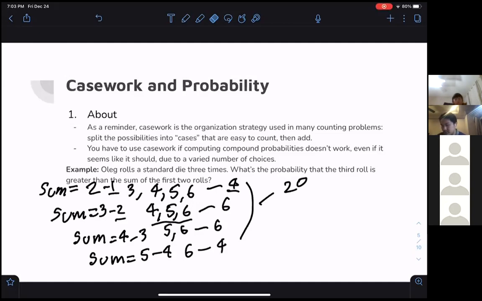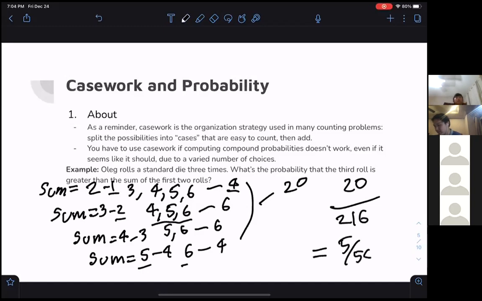And it's pretty symmetric in the last case. The sum can be 5. There's 4 ways: 2 plus 3, 1 plus 4, 4 plus 1, and 3 plus 2. And the die can be rolled in one way, just a 6. So then we have 20 total ways if we add all of this up, over 216 total possible die rolls across all possibilities, 6 cubed. Simplify it, we get 5 over 54.